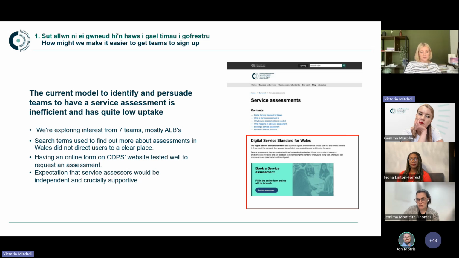So in our first experiment, we created prototypes of a series of web pages on the CDPS website, where we explored what content was needed around describing the offer so that people could understand the purpose and value of assessments, and then be incentivized to contact CDPS to request an assessment.